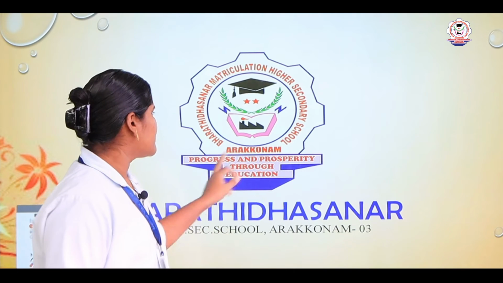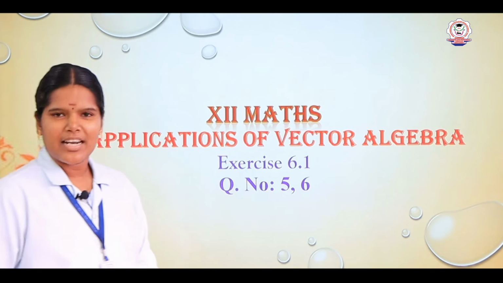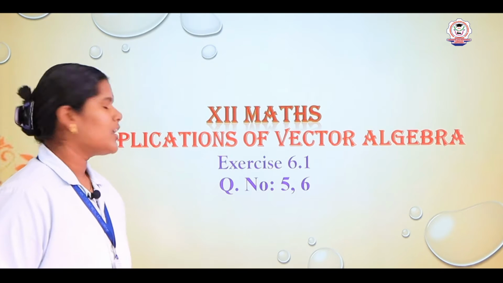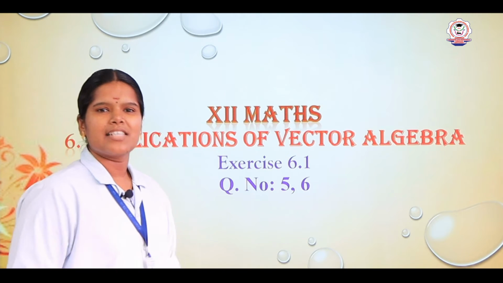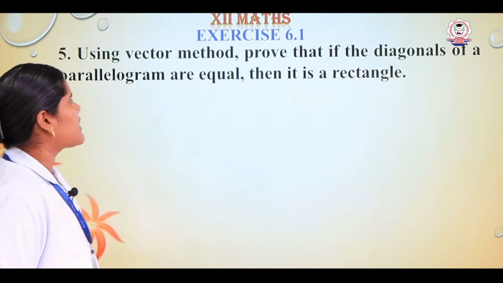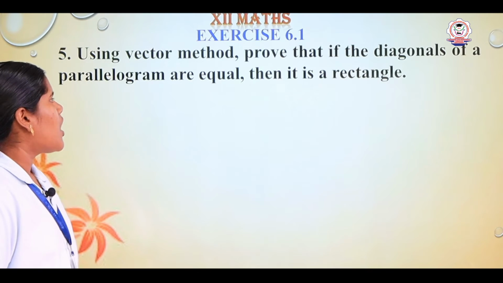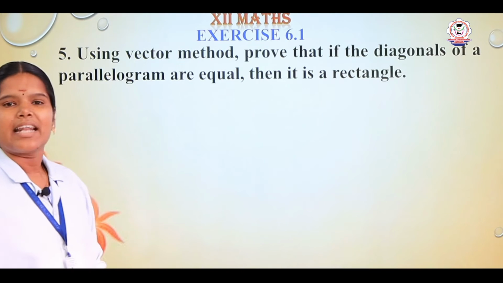Today I am going to continue 12th Mathematics, Chapter 6, Applications of Vector Algebra, Exercise 6.1, question numbers 5 and 6. The 5th question is: using vector method, prove that if the diagonals of a parallelogram are equal, then it is a rectangle.